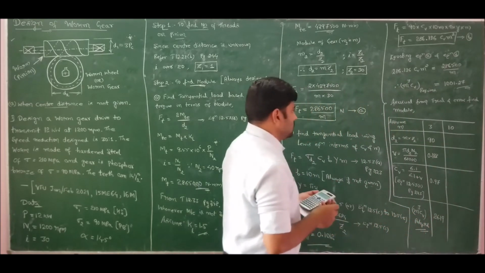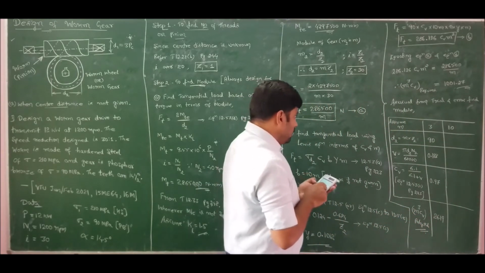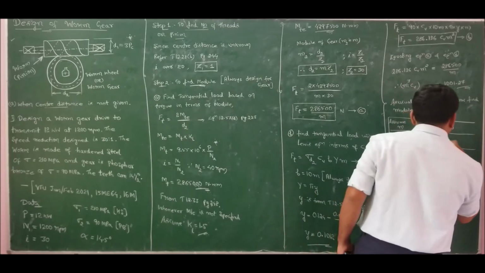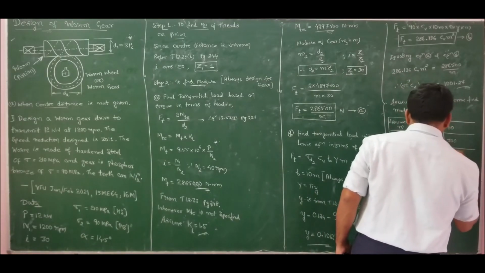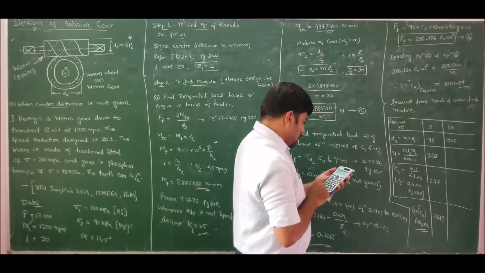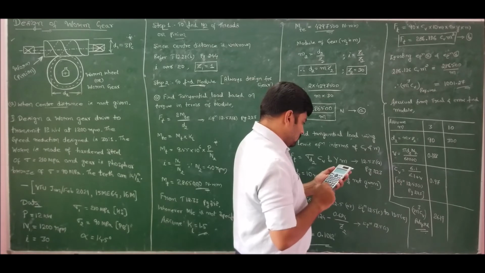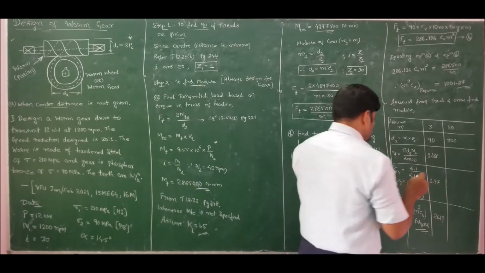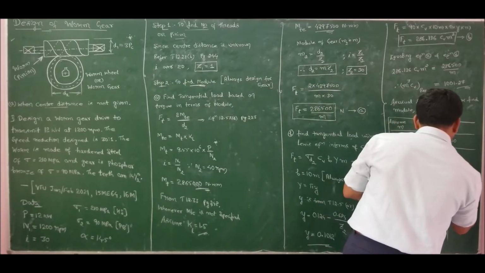If I assume module as 10, then d2 will become 10 into 30, therefore it is 300, and velocity will become pi times 300 into 40 by 60,000, which is 0.628.